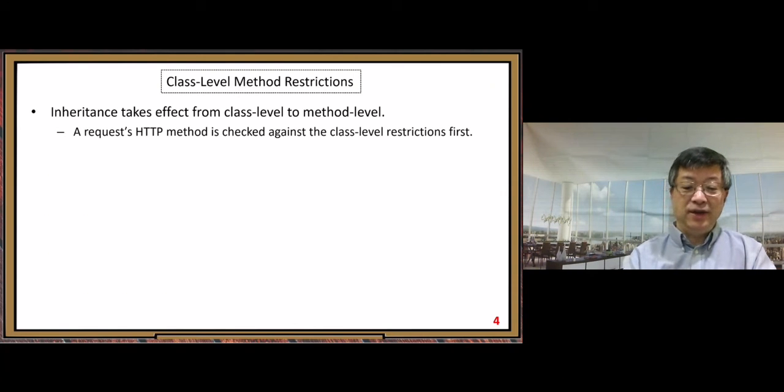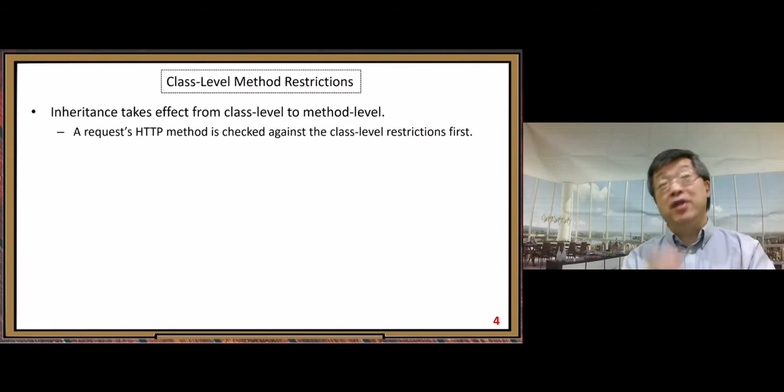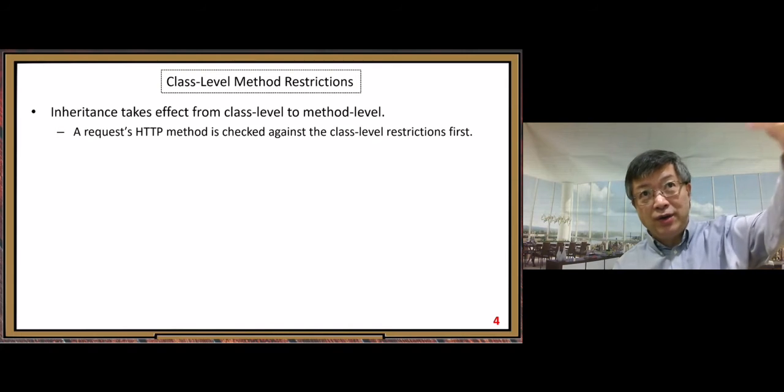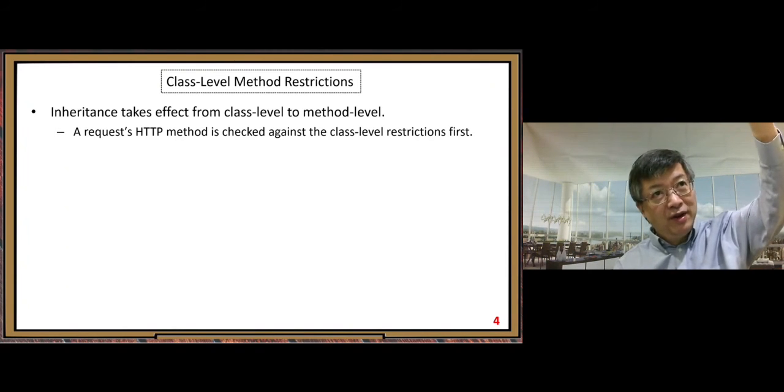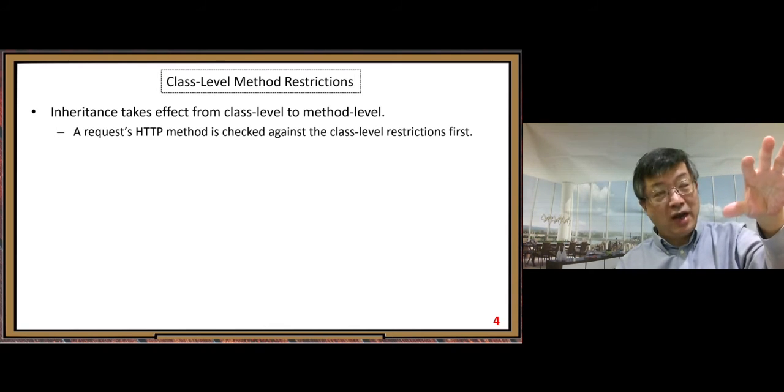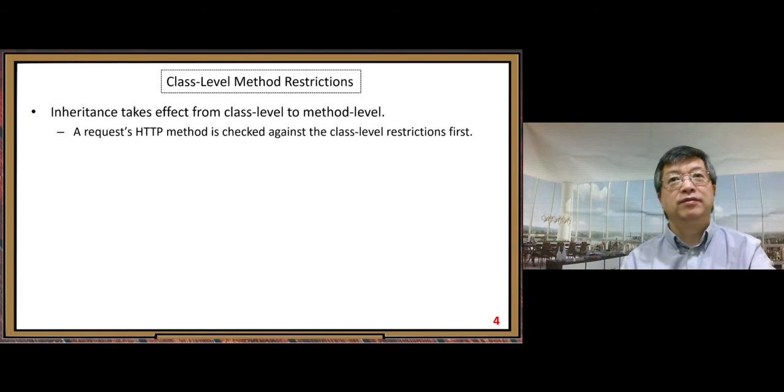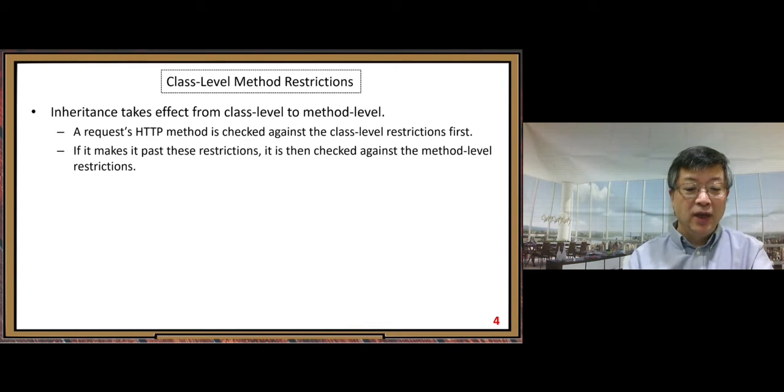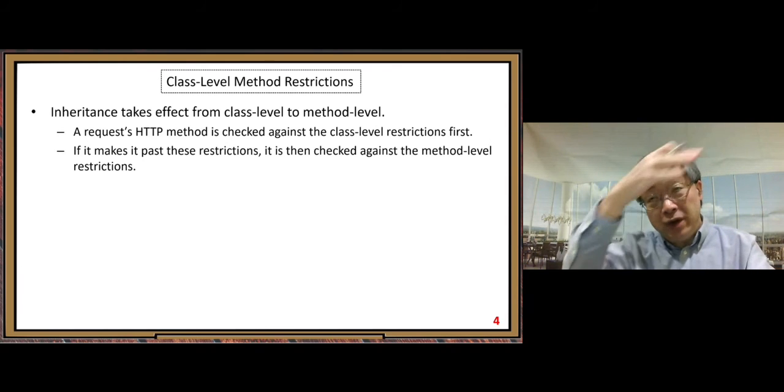A request is checked against the class level restriction first, then the method level, because the request processing order comes from the controller level, the class level, then the method level. If it passes these restrictions, it is then checked against the method level. That's our natural understanding.